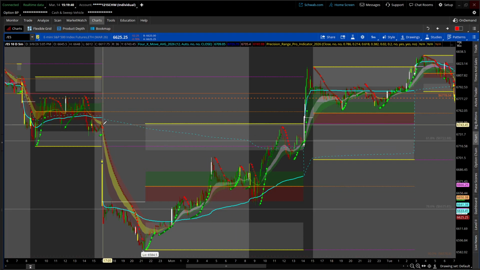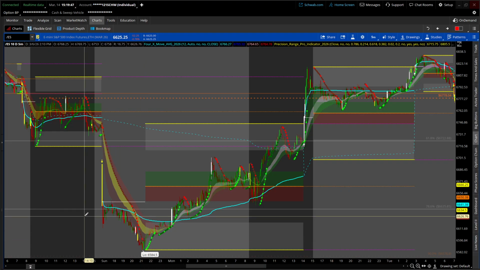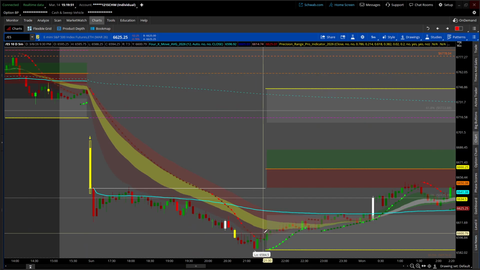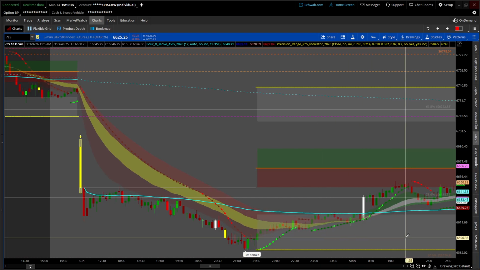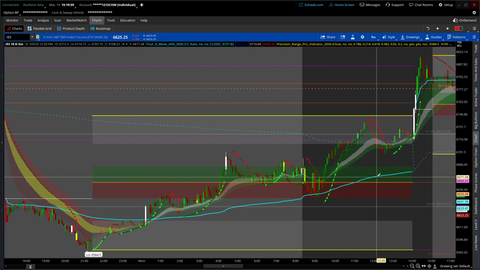Once it broke down, that was the last breakdown from there. It basically broke down from this level, found support when it actually did get a change in direction from the ZAR indicator. It creates this range right here, and from there it locks that range into place and waits for another break.